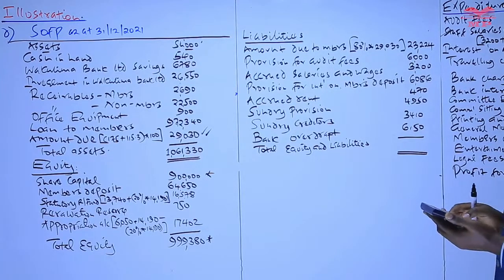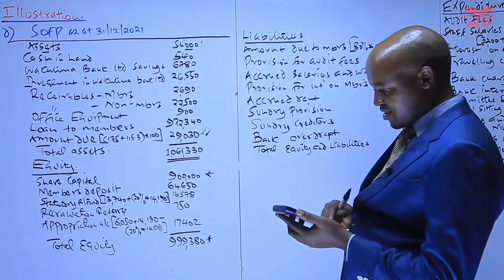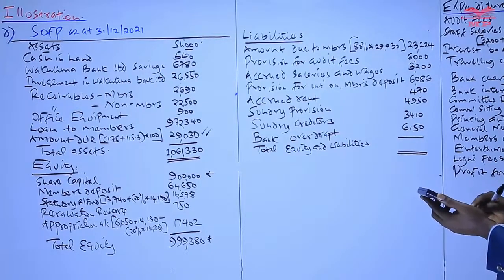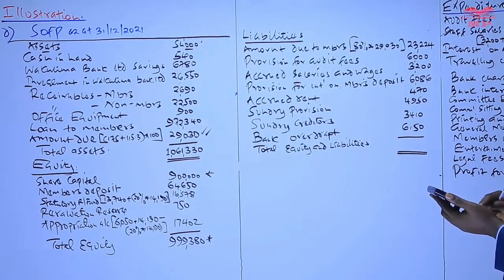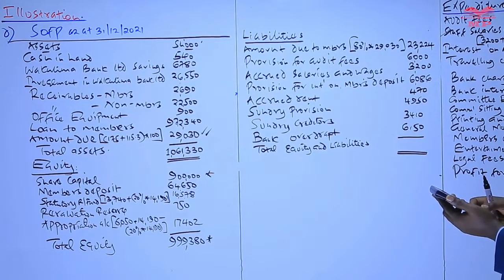We have 999,380, and then we have 23,224 plus 6,000 plus 3,200 plus 6,086 plus 470 plus 4950 plus 3410 plus 6150.